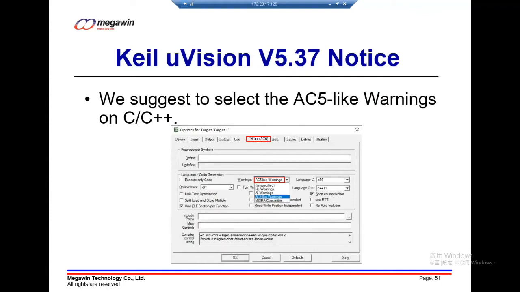So in this case, if your Microvision is updated to 5.37 or a later version, then you need to go to the C++ page and set the AC file like warning label to prevent any warning or any problem.